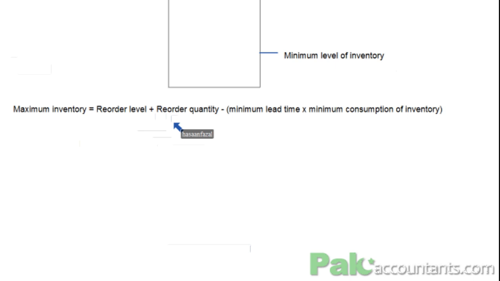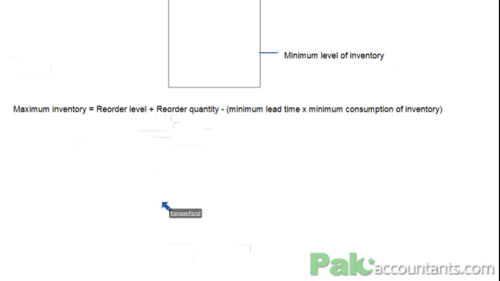So even if the goods are not with you yet, you have placed the orders, so you will include that amount of inventory while making any decision regarding inventory.